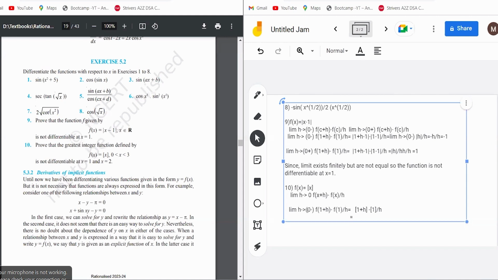H is negative. So 1 plus h would be something like 0.9999999. So the integer part of 0.99999 would be 0. So from here we will get 0 minus the integer part of 1, which is 1 only. So it would be 0 minus 1, divided by h.